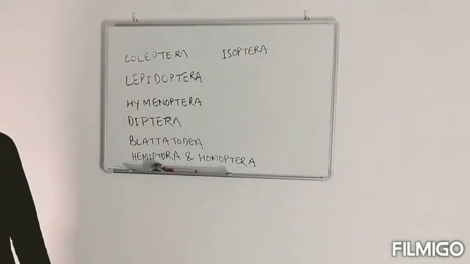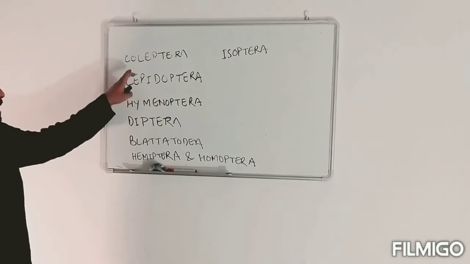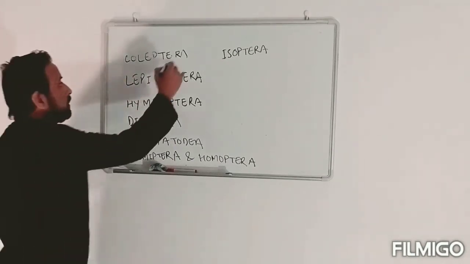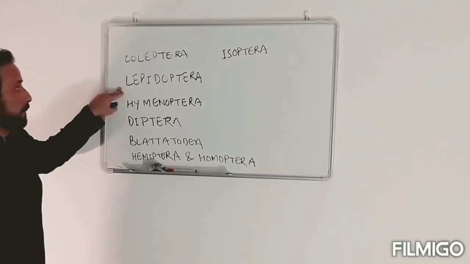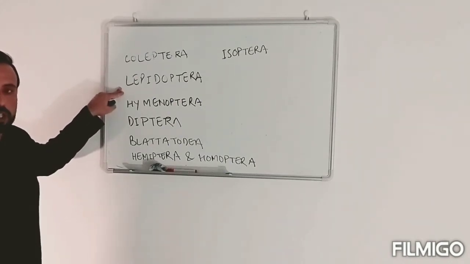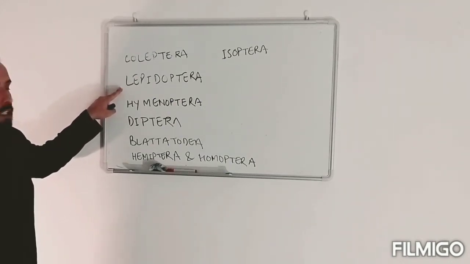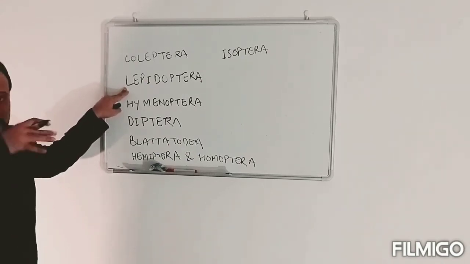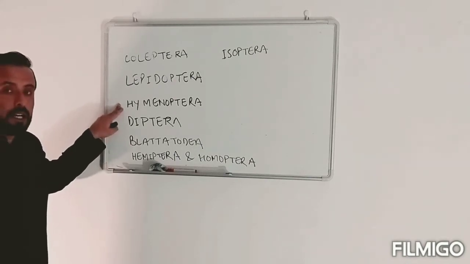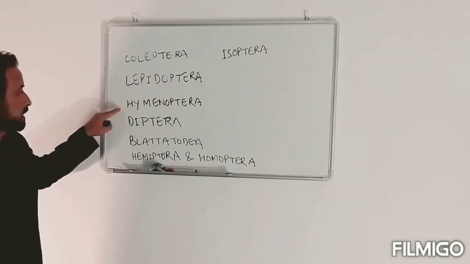Out of these, the most important ones are from Coleoptera, the beetle class. Then Lepidoptera is also important, with more than 1 lakh species, insects like butterflies and moths. Then Hymenoptera, honeybees and ants.